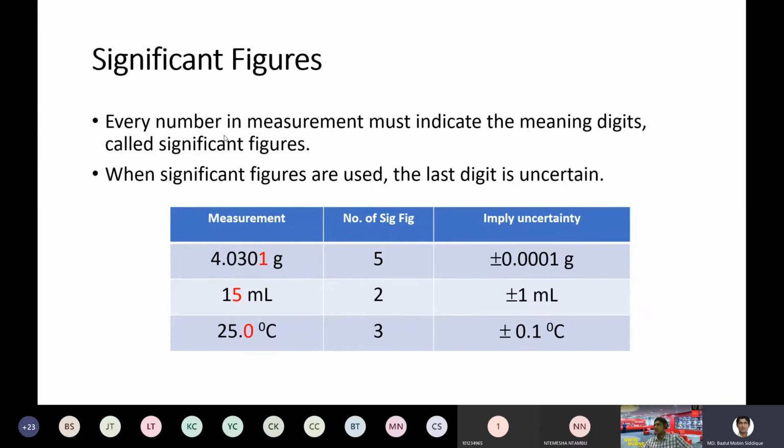So here, the significant figures, we are here now. The first measurement is 4.0301 gram, right?